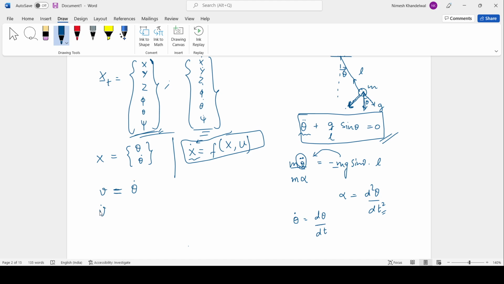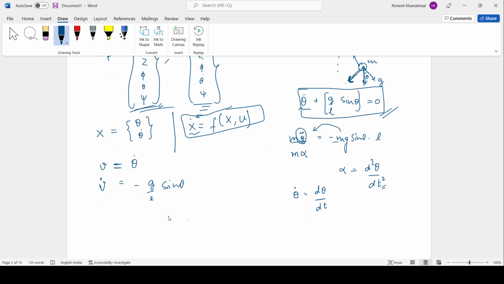This is just a substitution. You could have written a or anything here. And this v dot here becomes theta double dot. But I don't want double dots, so what is actually theta double dot? It is minus g over l sine theta.